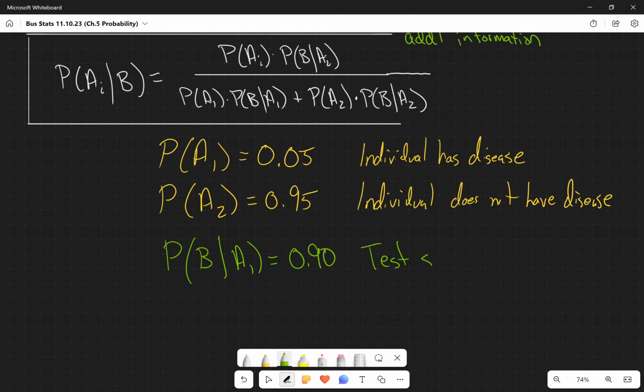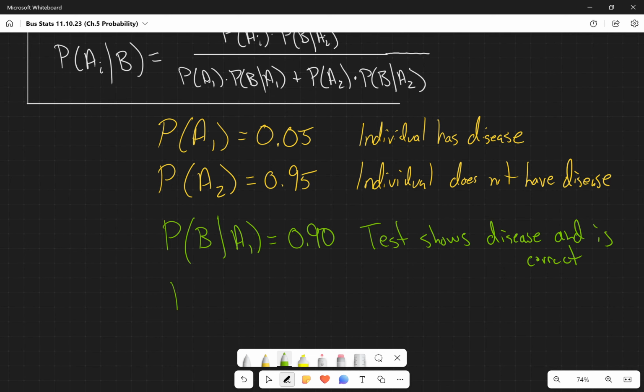So this is the test shows disease and is correct. Now there's also a false positive in these tests, right? The false positive, showing that you have the disease when you don't have the disease, is going to be 15%.